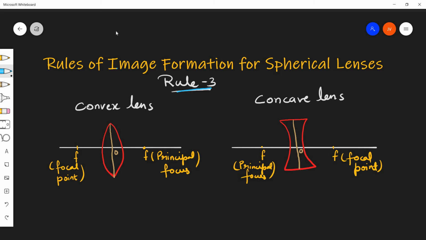Now, according to the third rule, when a ray of light is incident on a convex lens through the optic center, after refraction it goes undeviated. That means the incident ray and the refracted ray are in the same straight line. That means the ray of light doesn't appear to have deviated from its actual path at all.